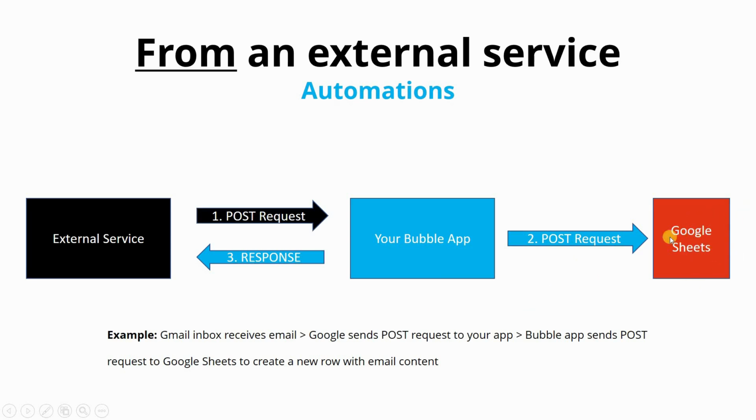In my example here, I've got this going to a Google Sheet: receive an email, you get notified, maybe post that email information in a new row in a Google Sheet, but this doesn't have to stay inside of the Google world. It can be maybe a new Slack message, or it can be creating a new Trello card with that email information. It can really be whatever you want because your Bubble app is like the hub here.